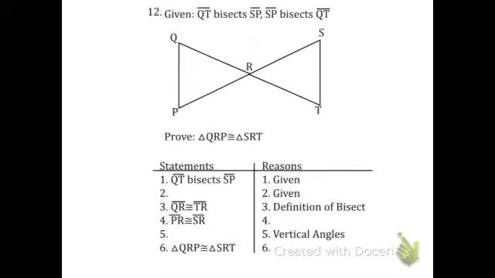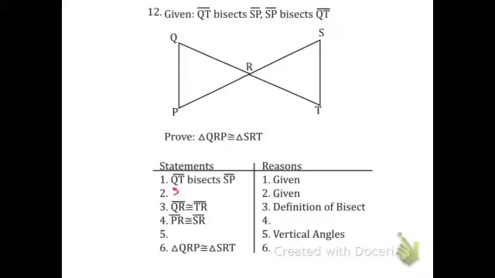Moving on to 12, QT bisects SP. So this line cuts this other line in half. That's part of our givens there. And that's actually right there, definition of bisect. We also have the statement that SP bisects QT.